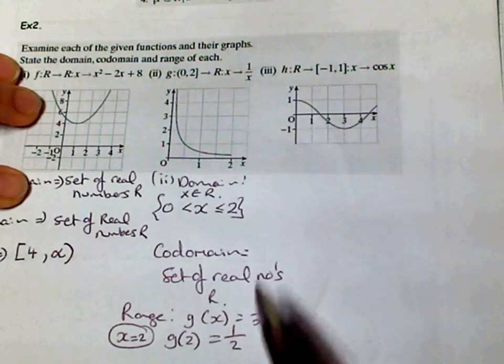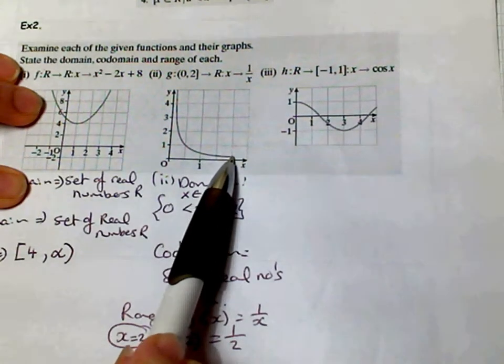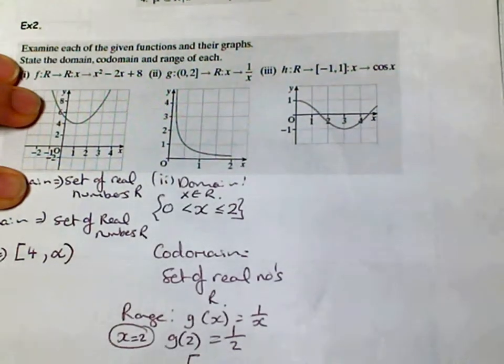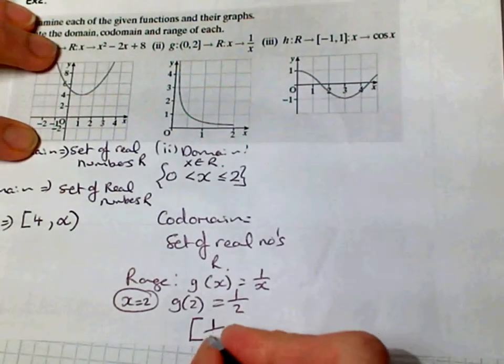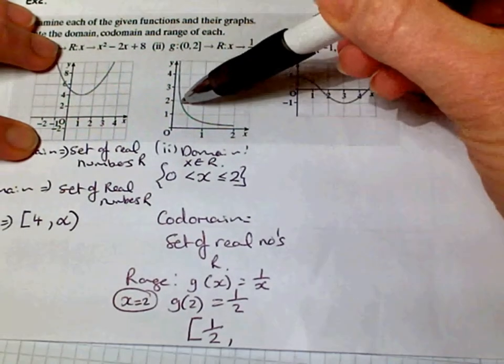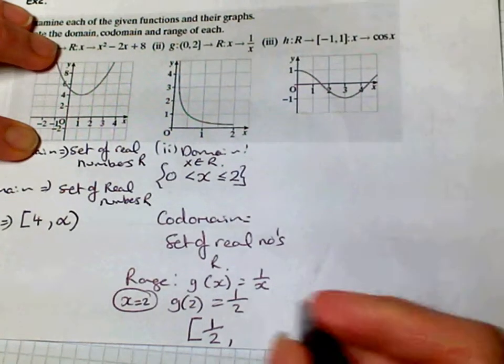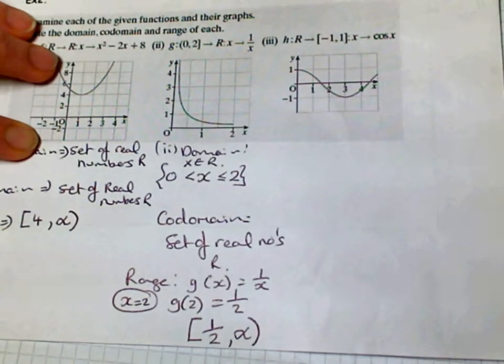So at 2 on your graph, your corresponding y value is 1/2. So your range starts at 1/2. The 1/2 is definitely included, so we use a square bracket at 1/2, and it goes on and on, an infinite number of y values, so it goes to infinity, and we use the round bracket.